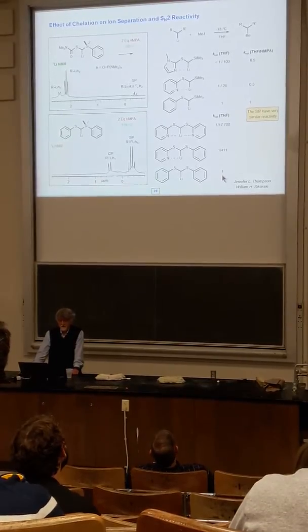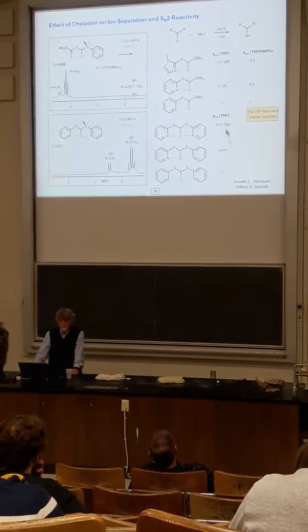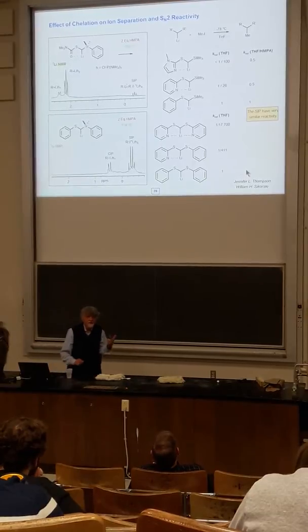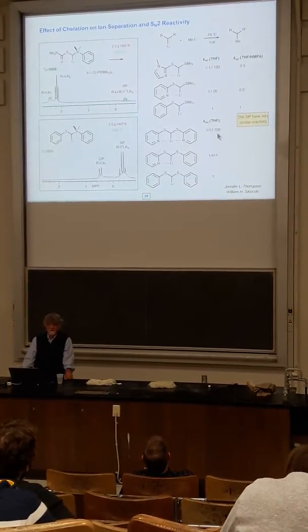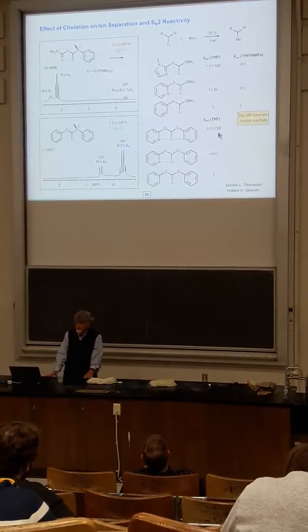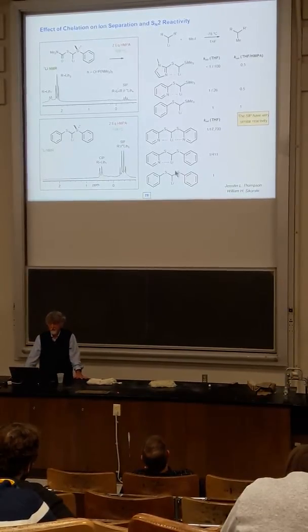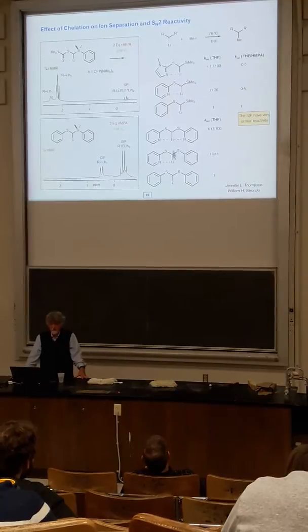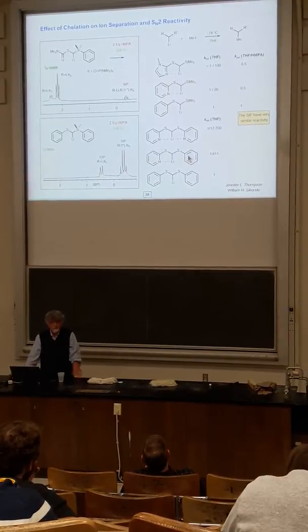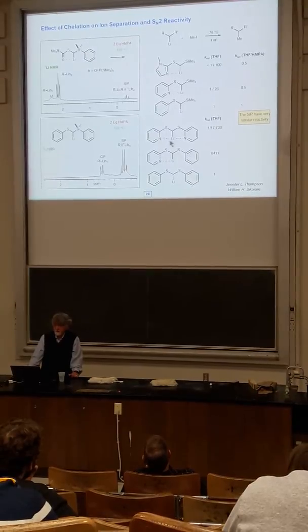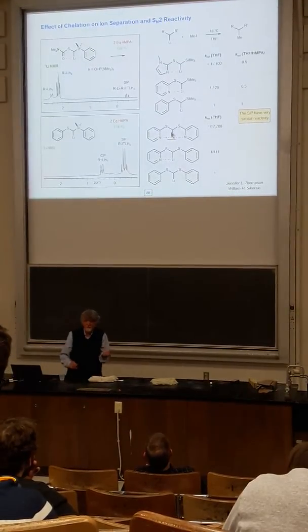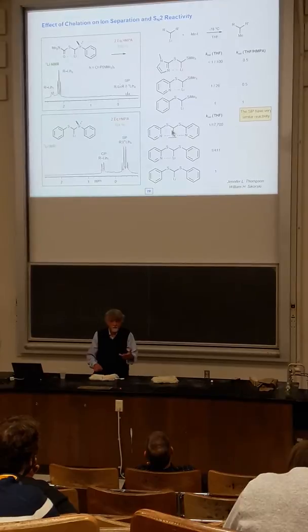And it turns out that the reactivity of these species goes down quite dramatically toward methyl iodide. In fact, this chelated structure is 1/17,000th as reactive as the parent system at the bottom here. And we ascribe this to the fact that probably it is the separating ion that's doing all the reaction. For this species, there's just very much less separated ion present, and so the reactivity goes way down.